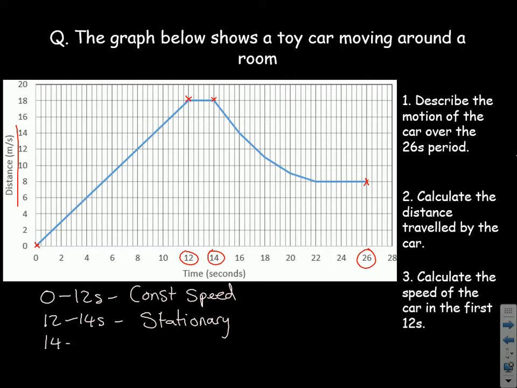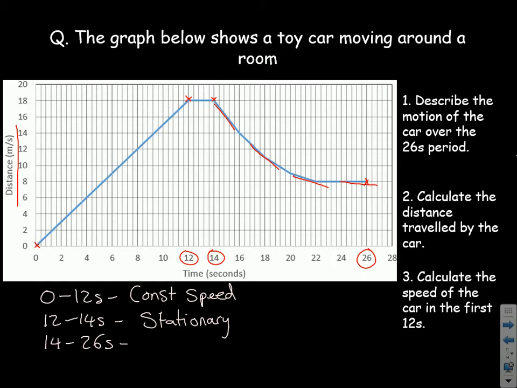Now this one's a little bit tricky because it's a curve. So because it's a curve, we know that it's not uniform. We know that it is changing its speed, and because the gradient represents speed, it's changing gradient, therefore it is changing speed. But how is its speed changing? Let's have a look. So if I just draw some lines on this, some straight lines, some tangents as best as I can, you can see, I'm hoping, that the gradient of that curve is decreasing.